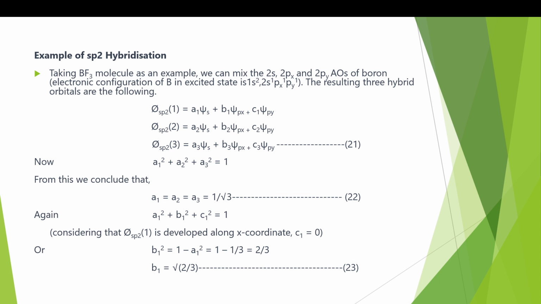Likewise, second assumption, a1 square plus b1 square plus c1 square equal to 1. Considering the first hybrid orbital is developing along x coordinate, c1 becomes 0. Therefore, we can evaluate b1 because we know the value of a1. b1 equal to under root 2 by 3.